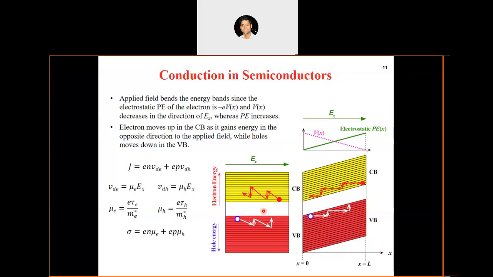If this is more intuitive, what is happening is that as we apply the electric field in the positive x direction, the electron will move in the negative x direction and gain velocity or acceleration. Because of that, its energy will increase, and then it will go through a scattering process. As a result, its energy will go down again, it will start accelerating, and its energy will increase again. So it will sort of drift in the negative x direction in this way.